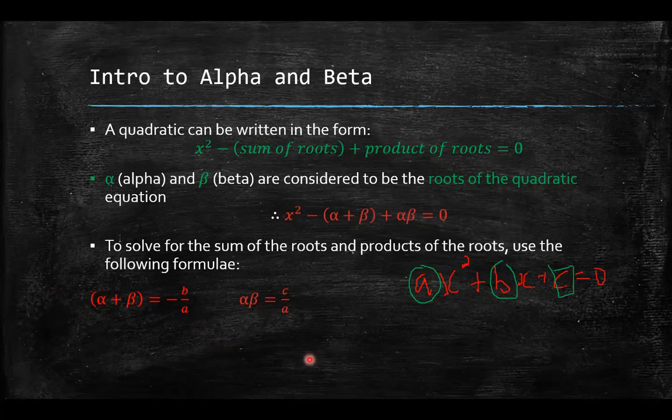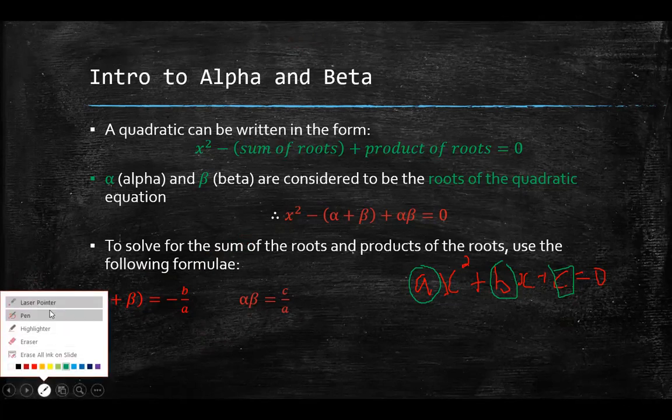If they ask you for the product, you identify c, you identify a, c divided by a, and that's the answer. We're going to do it just now, so even if you don't completely understand, you'll see it now. Everybody cool so far? Yes, miss.